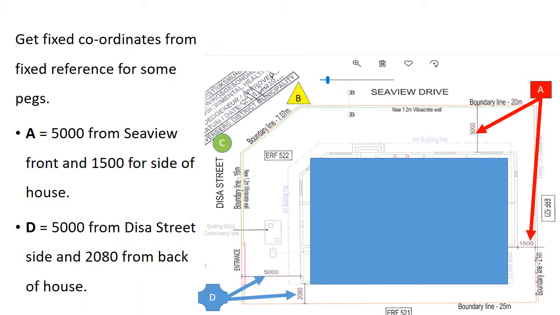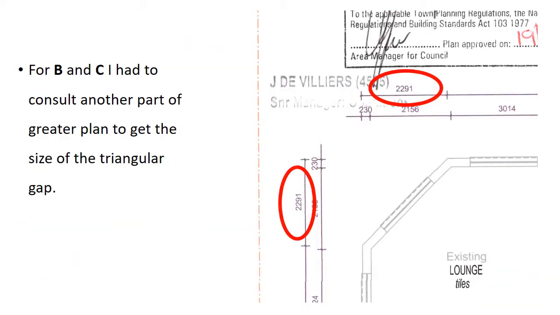So those are the coordinates that I could use. I also used coordinates for C, and I got these coordinates from another section of the plan. Since C and B are at a corner that is a triangle, I used that additional information to determine where B and C will be.